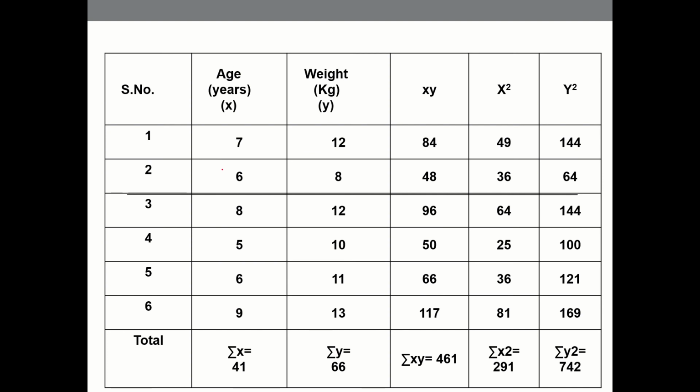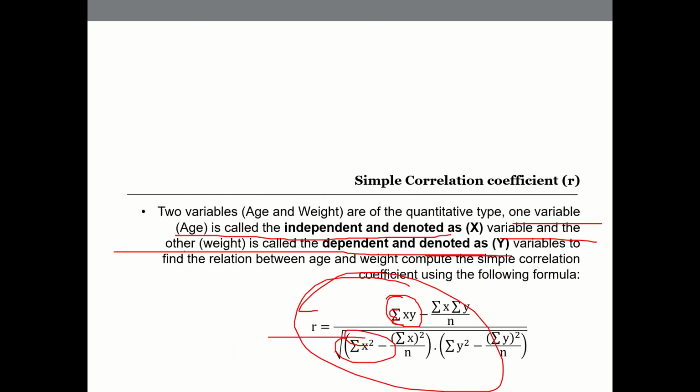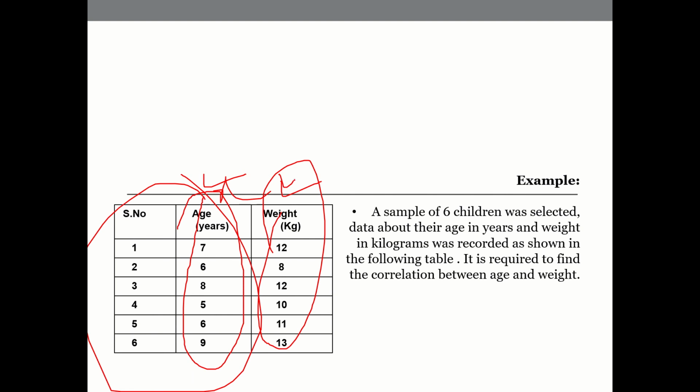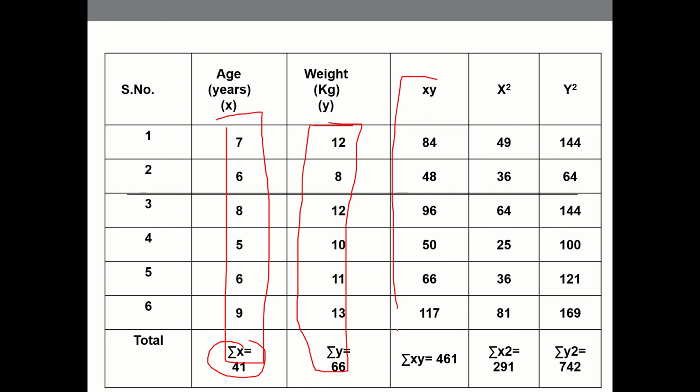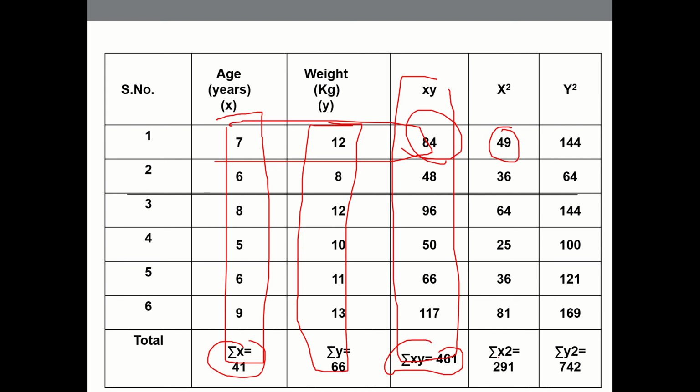So we need to generate a table with x and y, summation of x, summation of y, multiplication of x and y and its summation, x square for all values and its summation, similarly y square and the summation of the values.